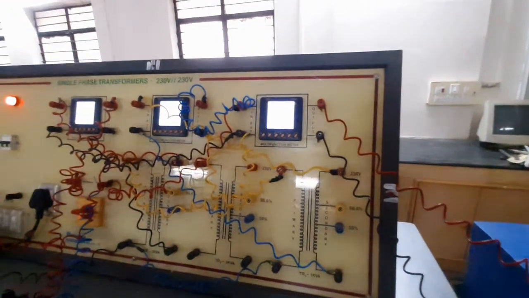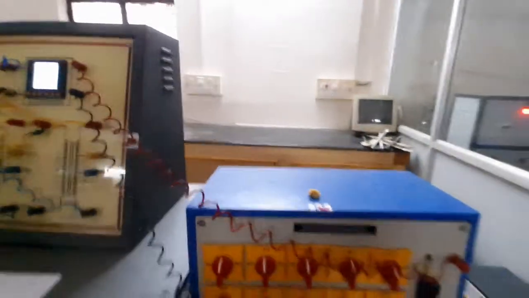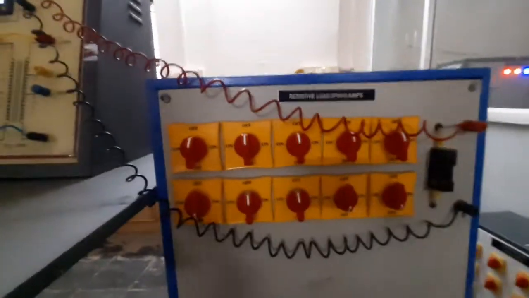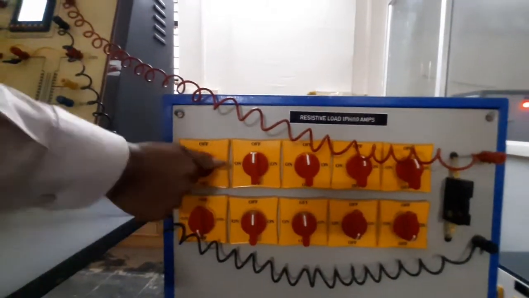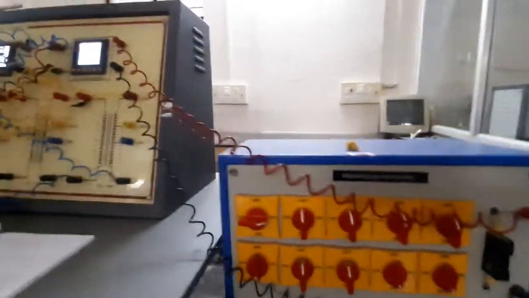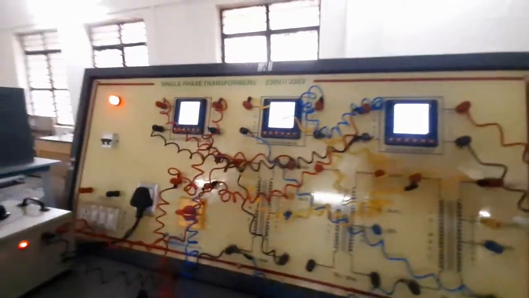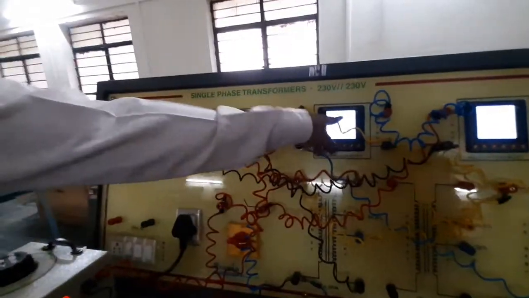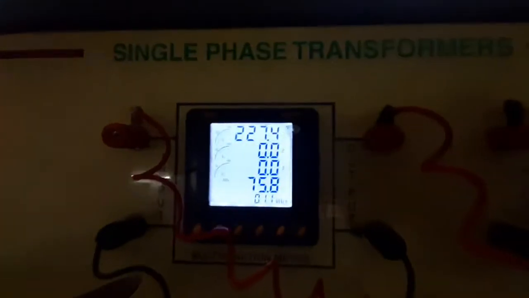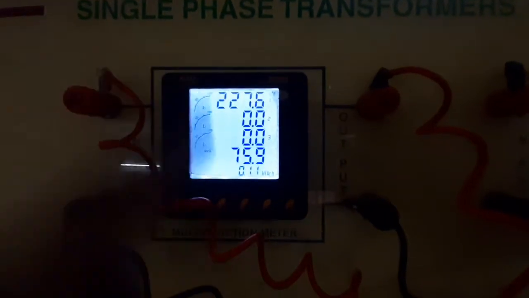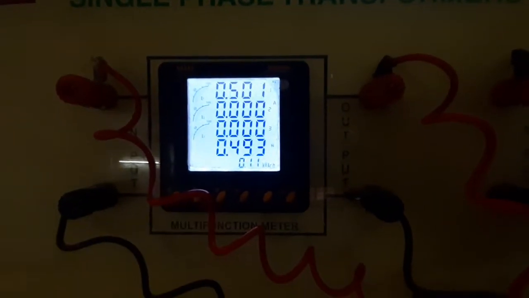You can observe the readings by closing the switch of the resistive load. I will put one load on now. One load is on. Observe that the voltage is slightly reduced to 227. Note down the voltage. Similarly note down the current.